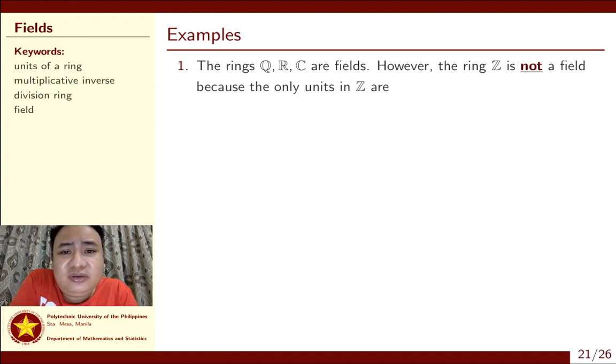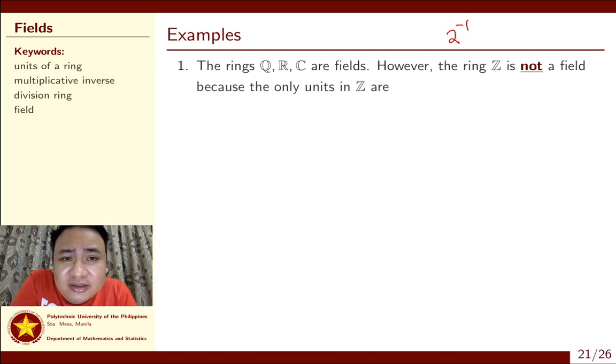Kasi when you try to observe kung sino-sino yung mga units doon sa Z, sino-sino nga ba? Sino yung mga may multiplicative inverse? Ano ba si 2? Kasi si 2, ang inverse niya, dapat 1/2, diba? Kaya lang 1/2, hindi naman siya integer. Required na yung inverse nandun pa rin sa same na set.